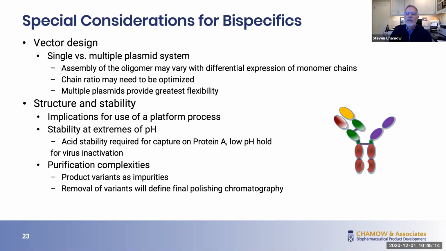And so that's why we try to address as much of the problem in expression system and molecule design as possible, so that we reduce the burden on our downstream colleagues in trying to deal with this in purification. When we do have to deal with it in purification, the removal of variants falls largely to the final polishing step. That's the chromatography step, and that's going to be the major role of that final polishing step, is to deal with variants.